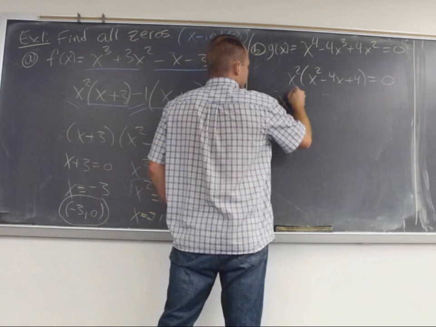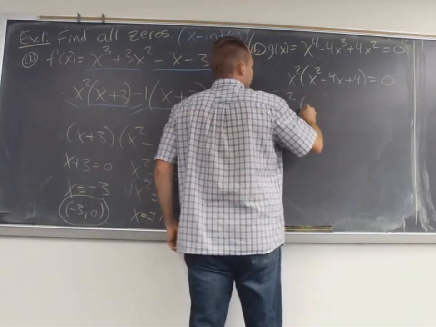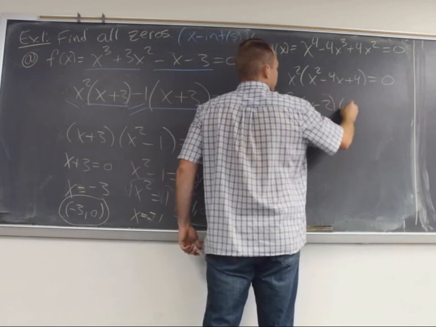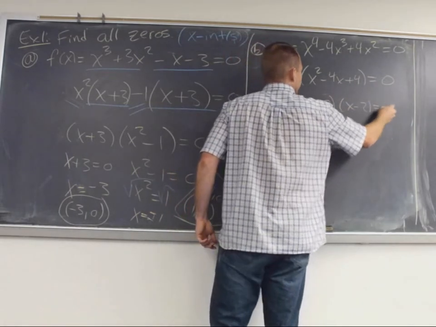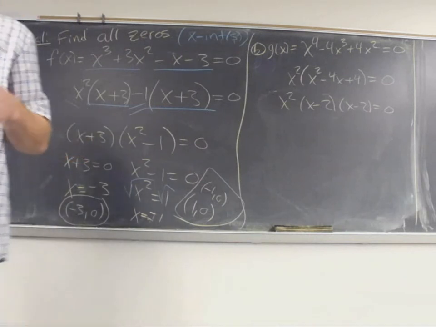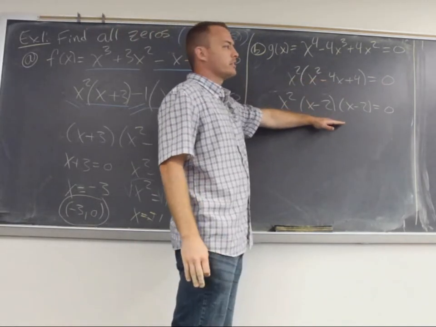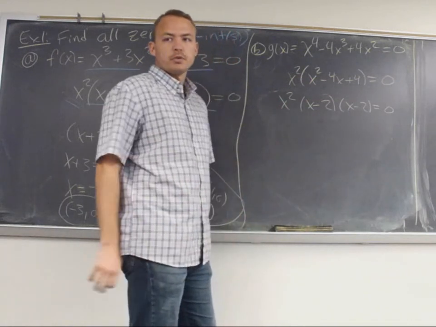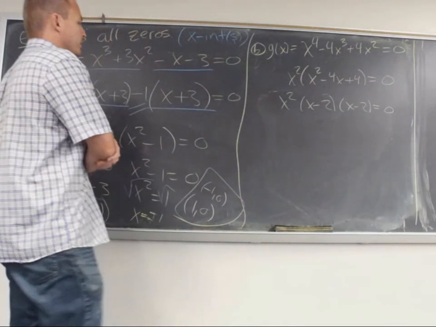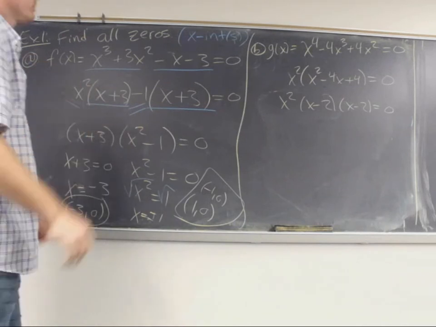So x squared, and then when I do the AC method on this, I will wind up getting x minus 2 times x minus 2 is equal to 0. All right, I didn't separate them out. I just did side work to do the AC method on this portion. I just kept them together. And that's just something you'll pick up on as you work problems. And when we get to the multiplicity section, you'll understand why.